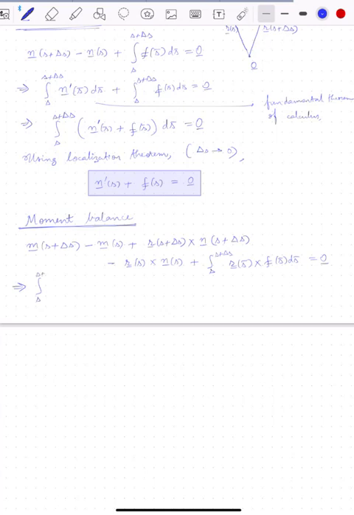So we'll have S from S to S plus delta S. Then we'll have m prime, plus the derivative with respect to S of r vector of S bar cross n vector of S bar, and then dS bar.